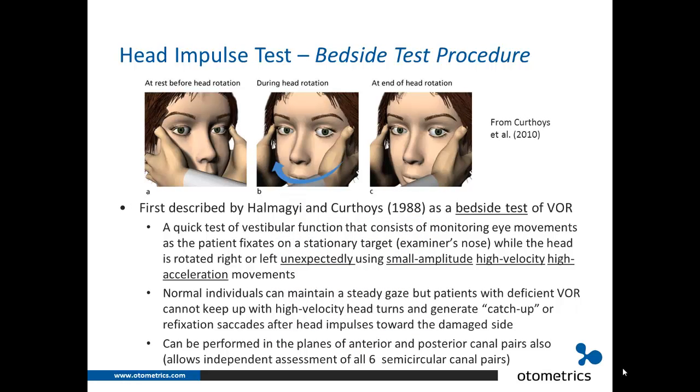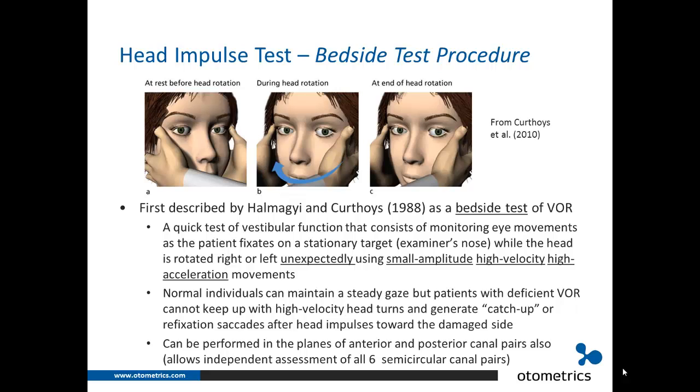Head impulse testing was first described by Halmagyi and Korthoys in 1988 as a bedside test of the vestibular ocular reflex, or VOR. It's a simple test where the patient is asked to look at a stationary target, usually the examiner's nose, and the head is rotated to the right or to the left using unexpected, small amplitude, high velocity, high acceleration head movements.